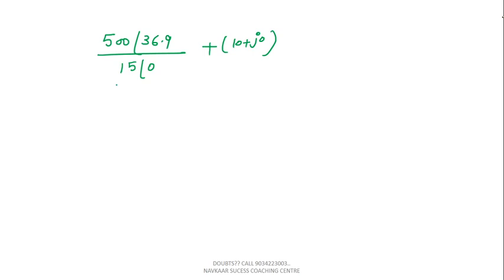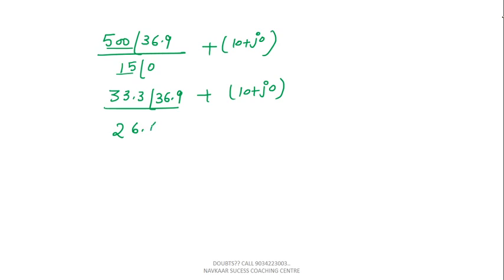If we solve this, 500 divided by 15 is how much? 33.33. The angle remains the same, 36.9, plus 10 plus J0. Now we need to convert this polar form again into rectangular form. You will get 26.6 plus J20 plus 10 plus J0.